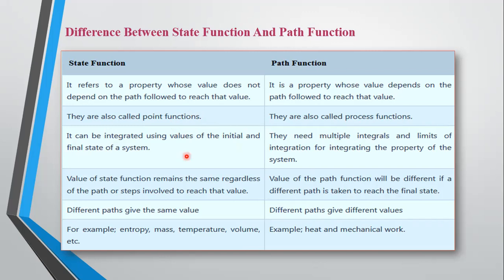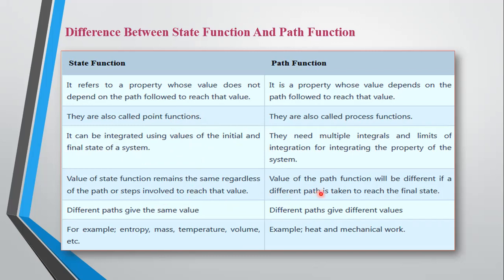State functions are integrated using the values of the initial and final state of a system, with limits of integration for integrating the property of a system. The value of a state function remains the same regardless of the path or steps involved to reach that value.